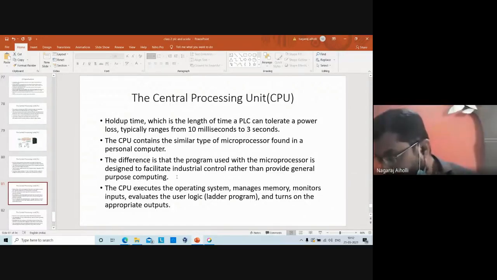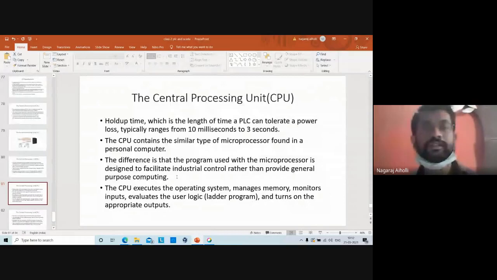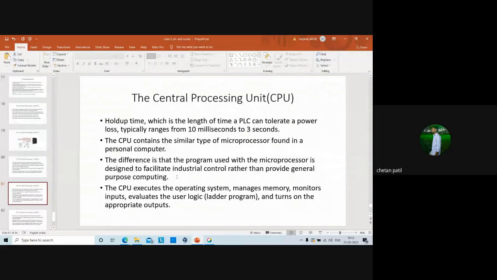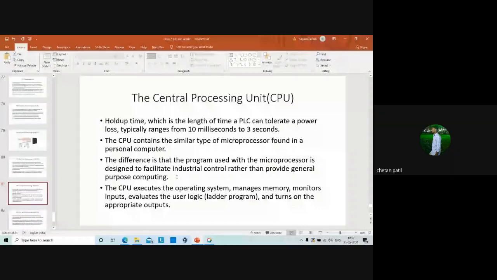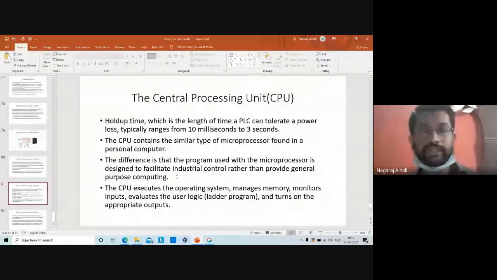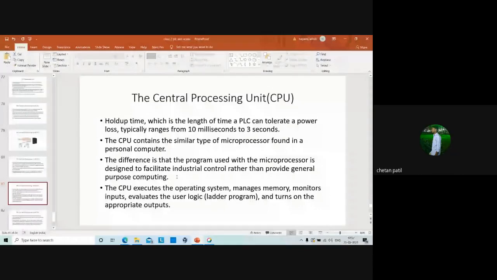Fine. Chetan Patil? Chetan? Yes, sir. Any difficulty here in today's discussion? No, sir. Clear with the points, what all we discussed today? Yes, sir.